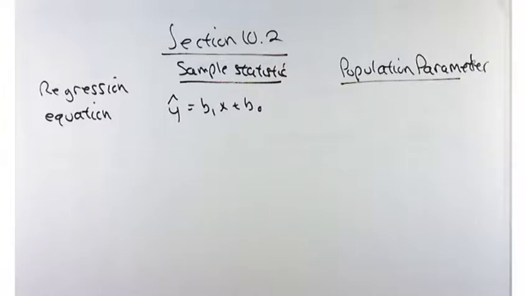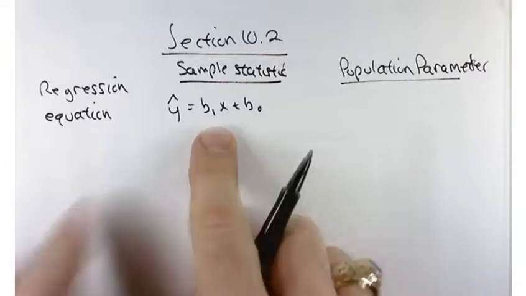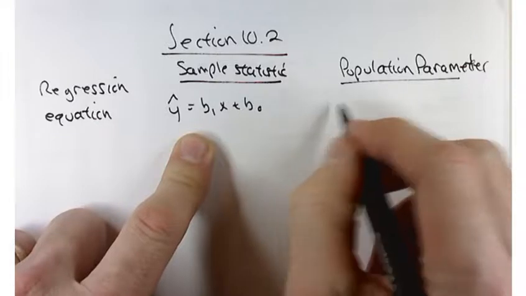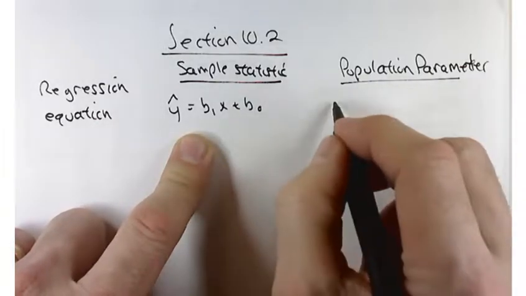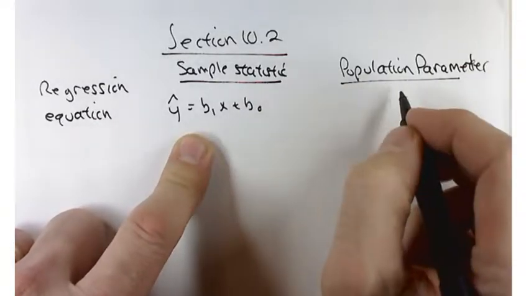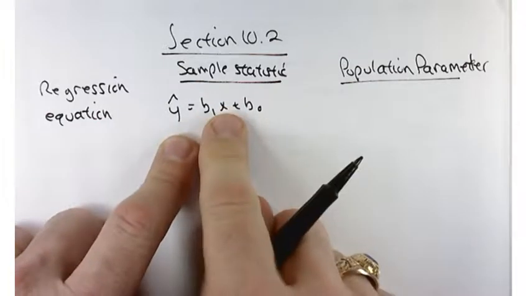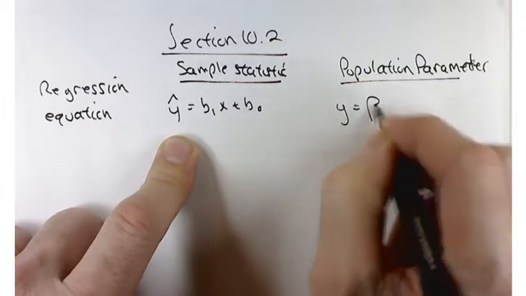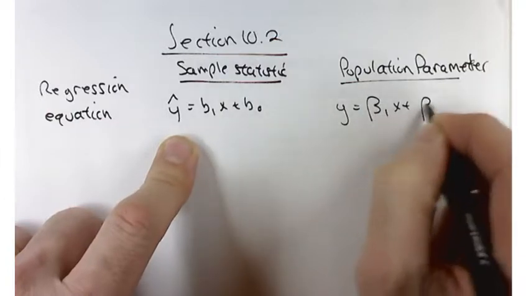So you're going to learn your regressions. You're going to learn about linear equations. We'll go through that in a minute. But you're also going to relearn or learn some of your Greek letters. So the population parameter, remember this is your statistic estimate, this is your population parameter, is y equals beta 1x plus beta 0.